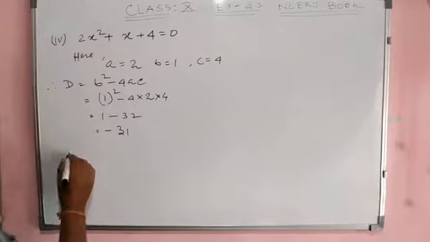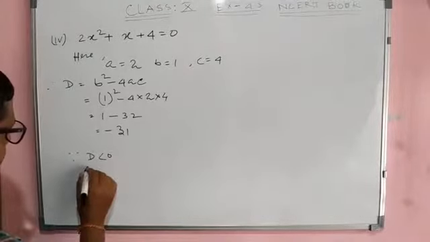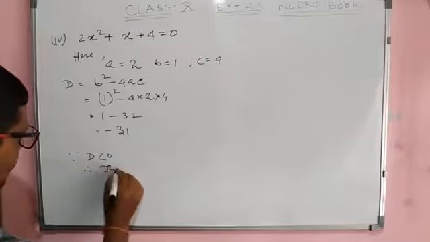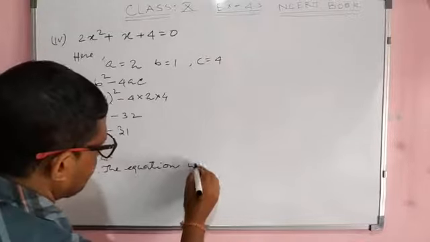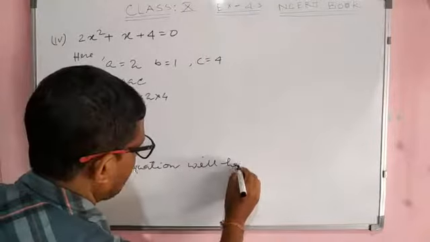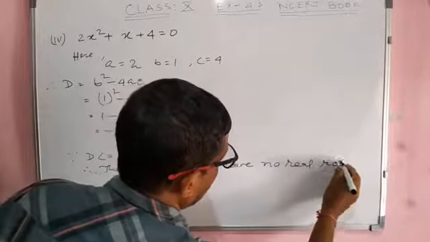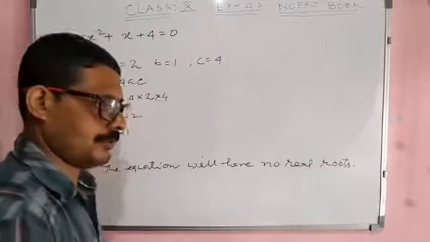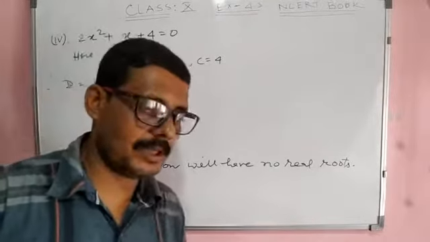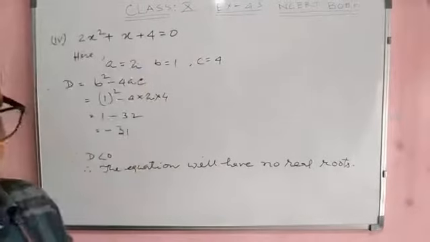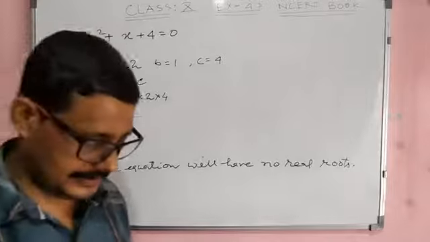Since D is less than 0, the equation will have no real roots. Therefore we do not need to apply the completing square method, according to our question, which said if a real root exists.